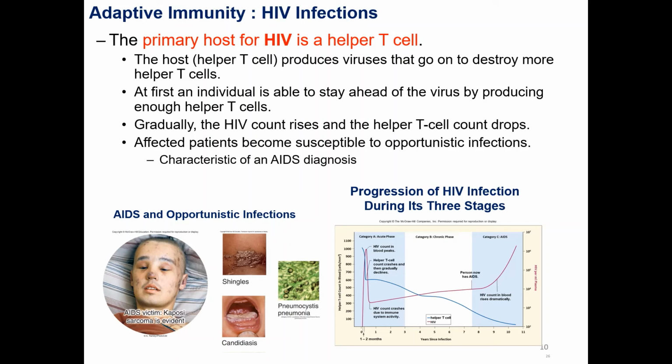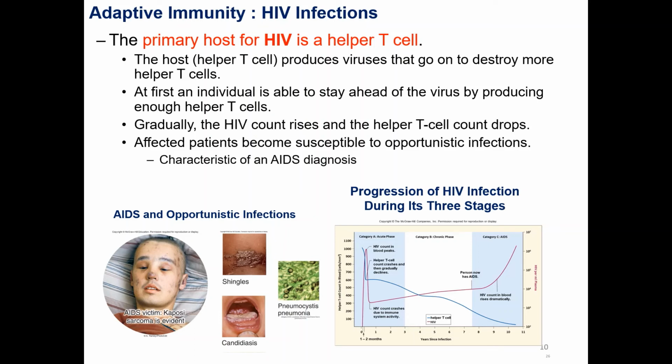As we can see from this example, which is HIV infection, HIV will use the helper T cell as its primary host, meaning that the target of this virus is the helper T cell. The host, which is the helper T cell, will produce viruses that go on to destroy more helper T cells. When this virus already controls the helper T cell, the body cannot recognize which one is the original cell or which one is the toxic cell.